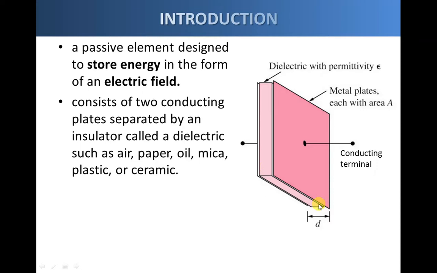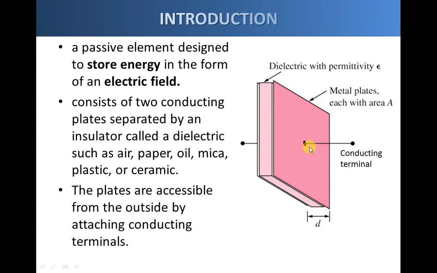This material can be made of paper, oil, mica, plastic, ceramic, or even air between the plates. Now to access the capacitor, we attach conducting materials or terminals on the plates.